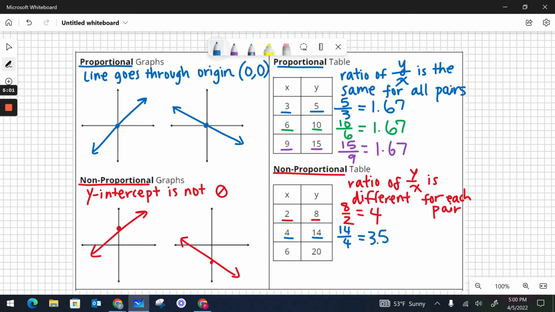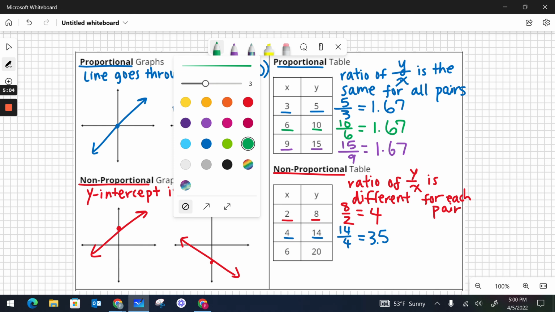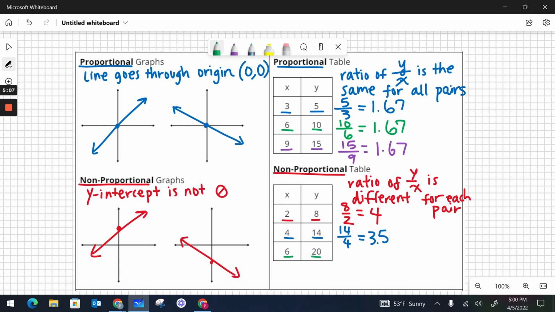And let's also check the last pair. 20 divided by 6 is 3.33. So I'm getting a different number each time when I do y divided by x. So a different ratio, therefore this is a non-proportional relationship.